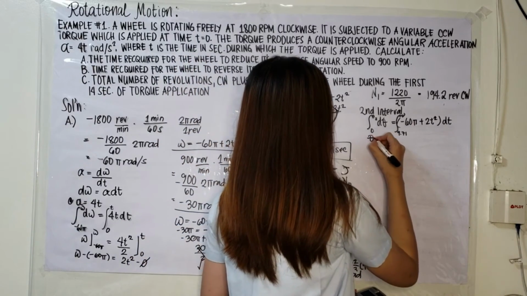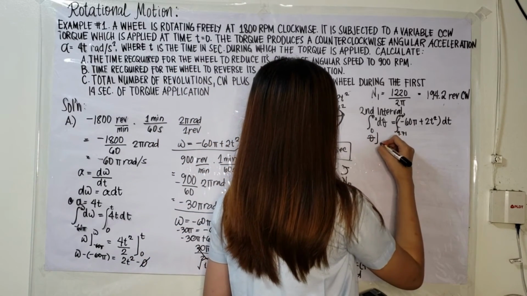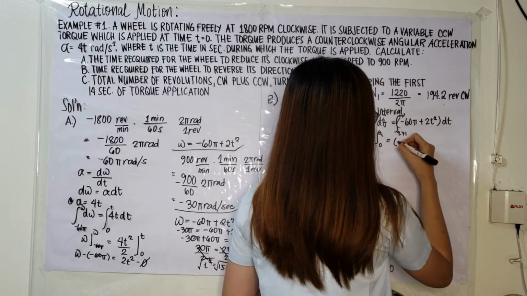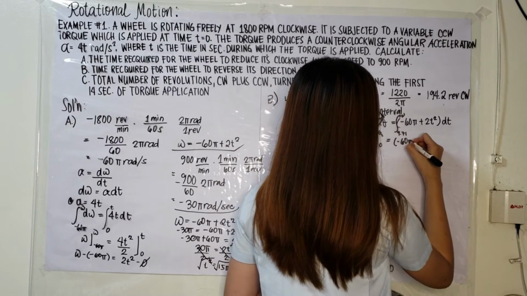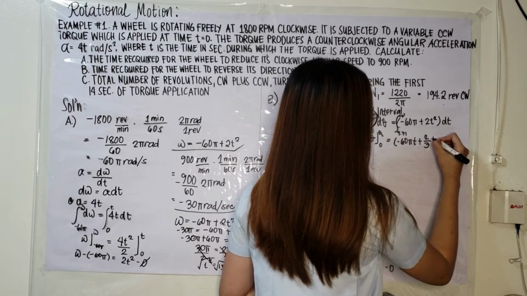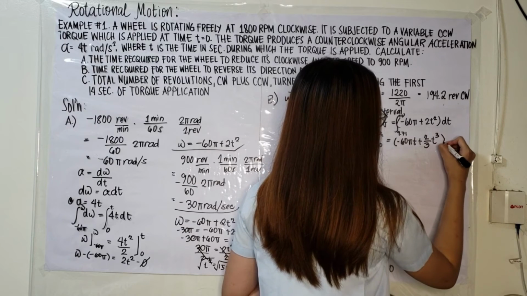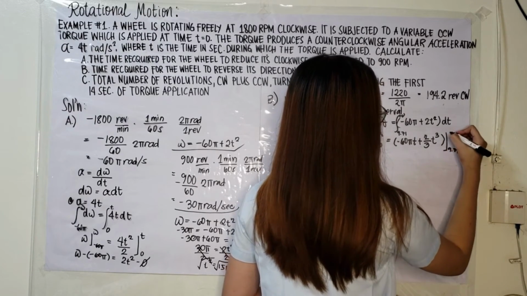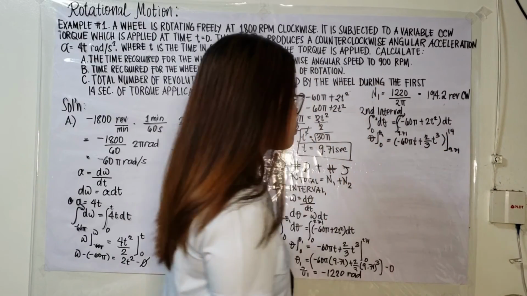So we have theta from limit 0 to theta 2 is equal to negative 60 pi t plus 2/3 t cubed from limit 9.71 to 14.